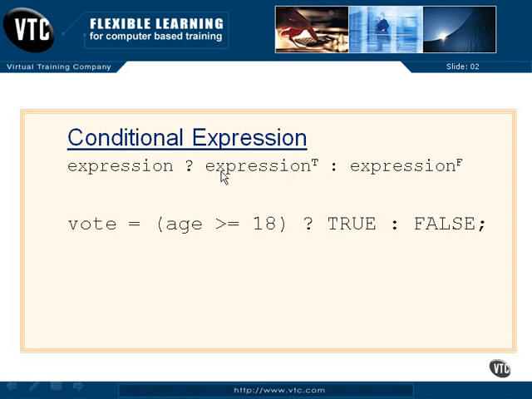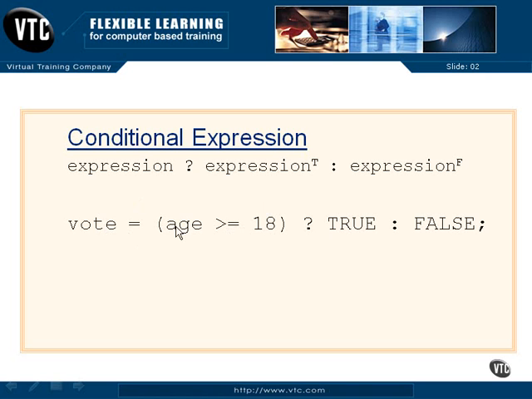This will be assigned into here. So this value, true, however it's defined earlier in our program, will be put into the variable vote as its value. So you can see that if age is greater than or equal to 18, true will be put into vote.